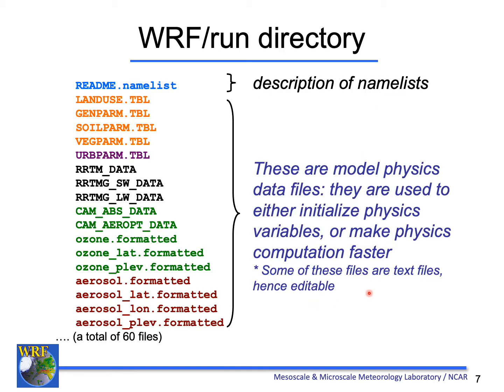Here is a look at the model directory run. It contains mostly files used for model physics, such as radiation and land models. It also contains README files for runtime options and a few other things. This is the look of the directory before the model is compiled.